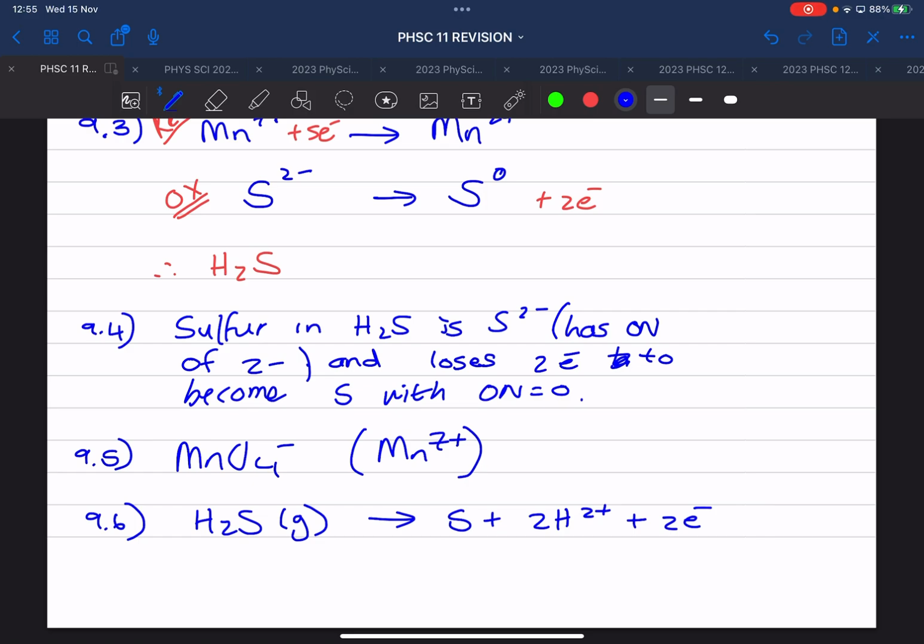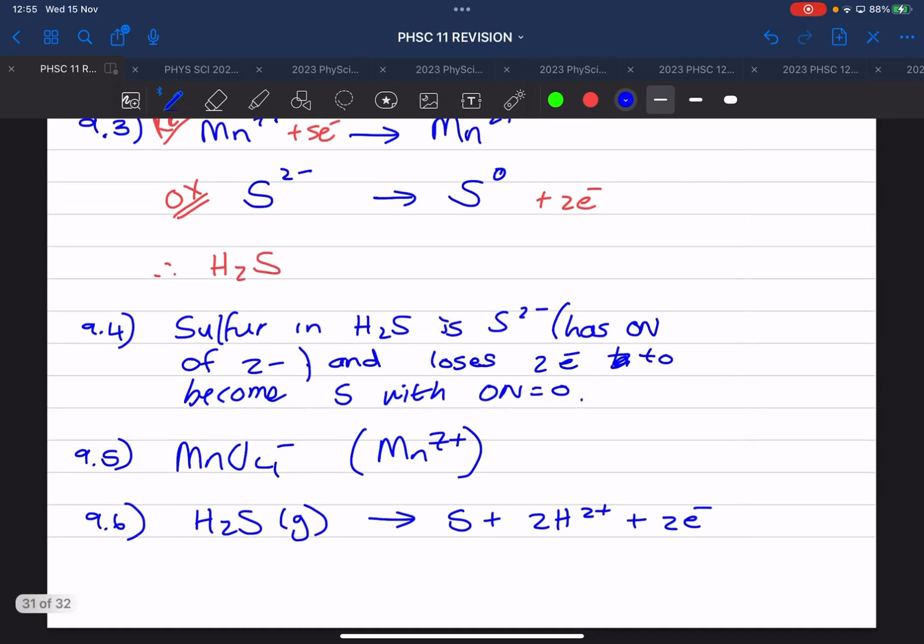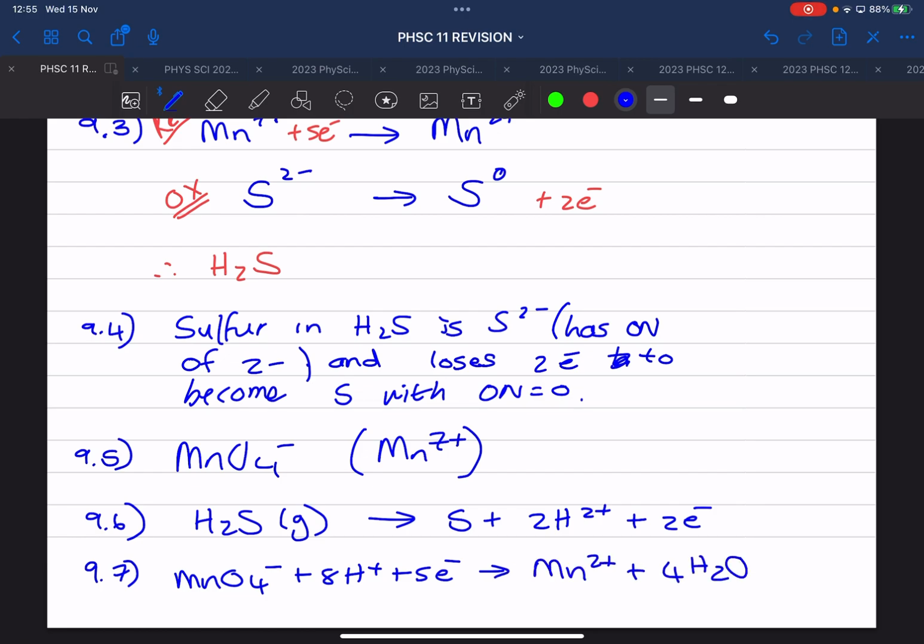So in graad 11 sê hulle ion-elektron metode bla bla bla, redox reaksie. Skryf die netto redox reaksie neer. Okay, so we have our oxidation half reaction. If you go to our reduction half reaction, het jy mangaan plus 8 waterstowwe plus 5 elektrone gee vir jou mangaan 2 plus 4 waters.